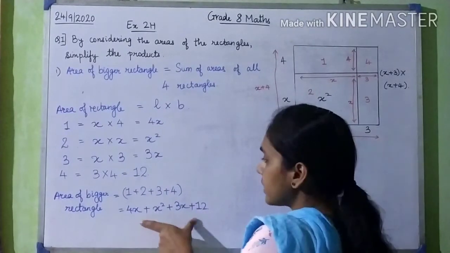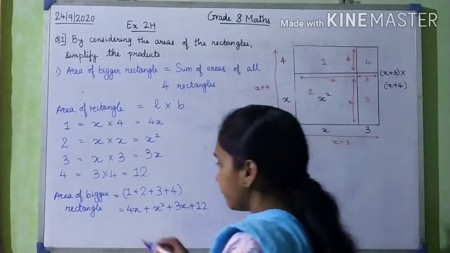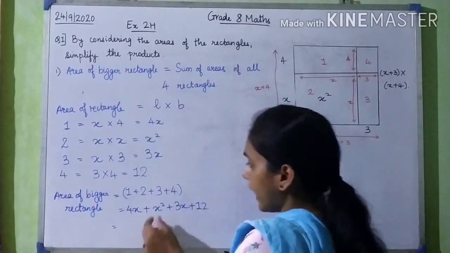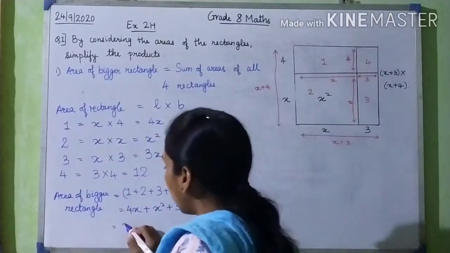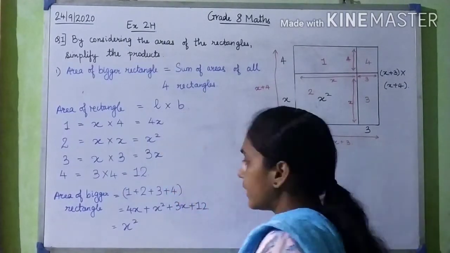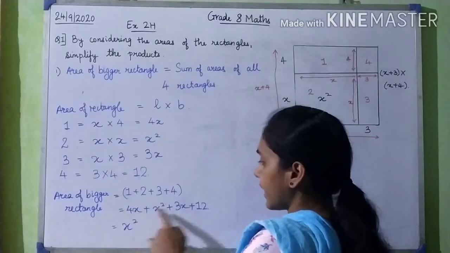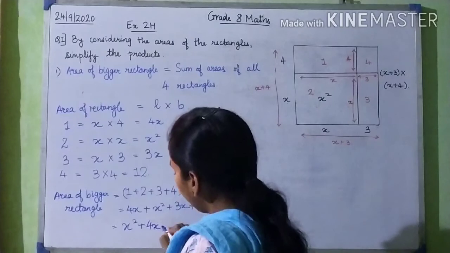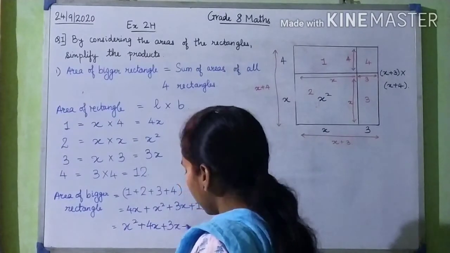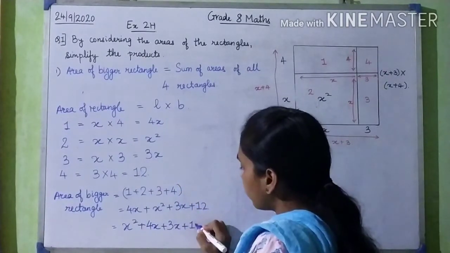Okay. So I have got an expression. So here x square is only one term. There is no other term of x square. So I write x square only once. Then 4x, we have two terms of x, 4x and 3x. So we add them together, 4x plus 3x. And the constant term also, there is only one term.